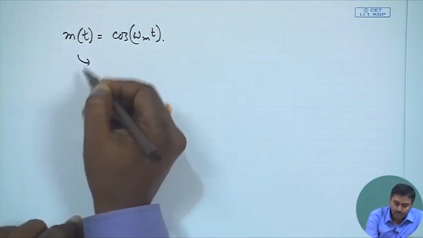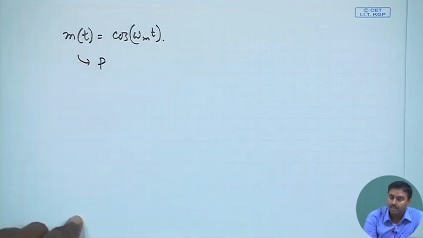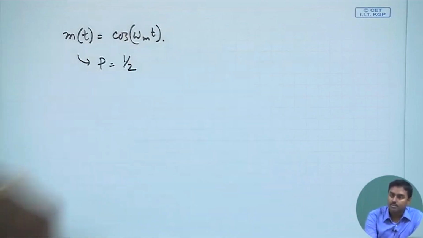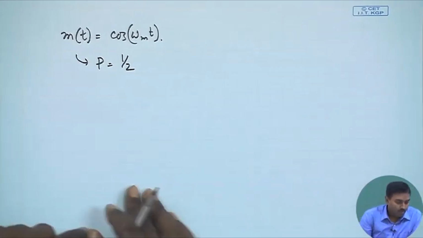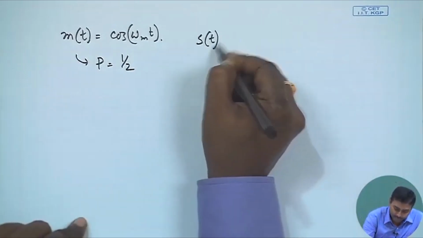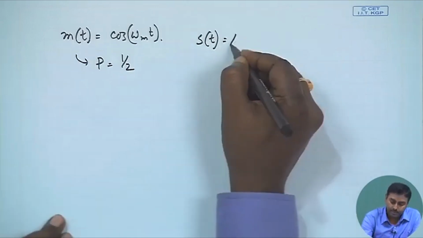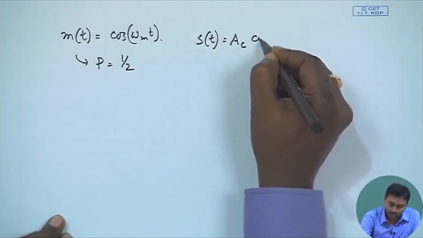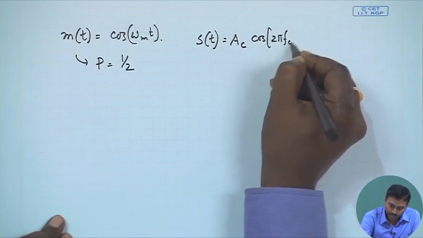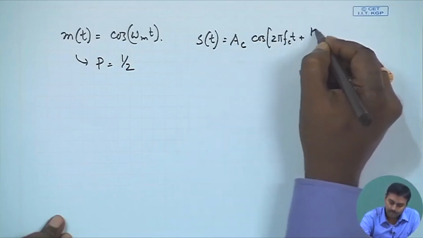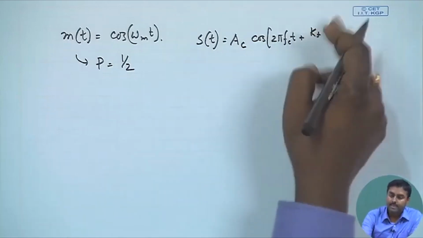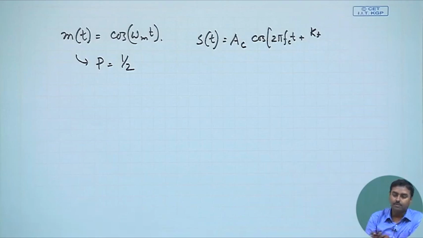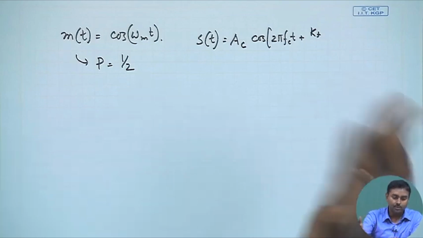So, immediately I can calculate what is the power of that. That means P should be half because it is just a cos. So, P should be half, this is something I know. Okay. What will be my s(t)? s(t) should be A_c cos of 2 pi f_c t plus I will have Kf, and then if this Kf is represented in terms of, let us say, omega, then that is Kf, otherwise there should be a 2 pi, all those things.